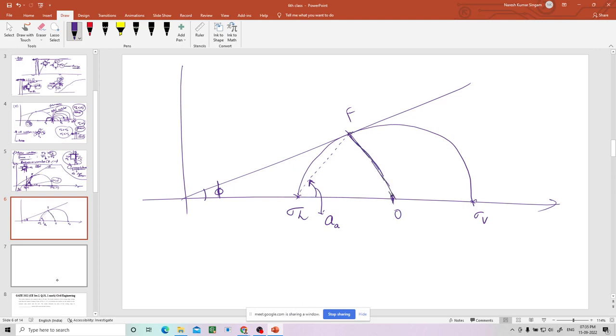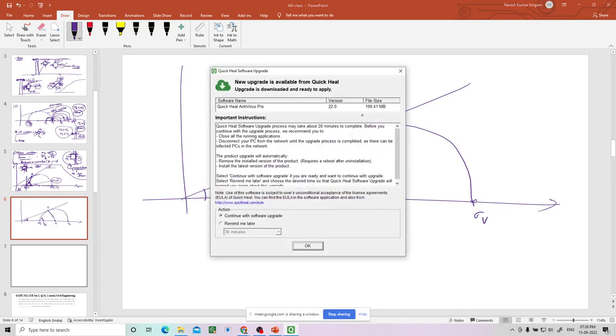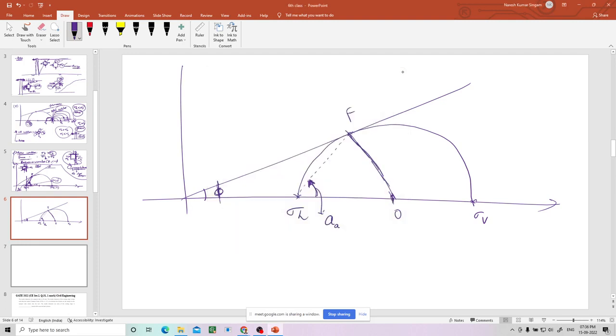Can you tell me what this angle is? If this is friction angle phi, what is this using trigonometry? Let us say this is C, this is O, this is F. Now I will give this as A. Can somebody tell what A is?